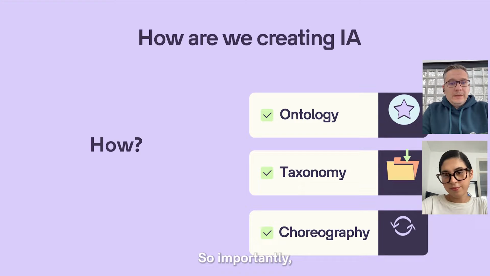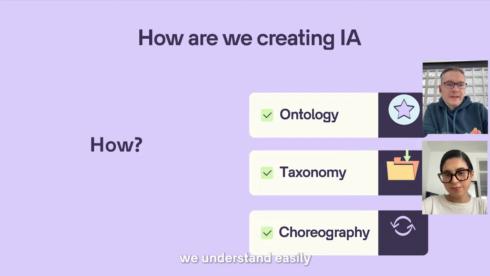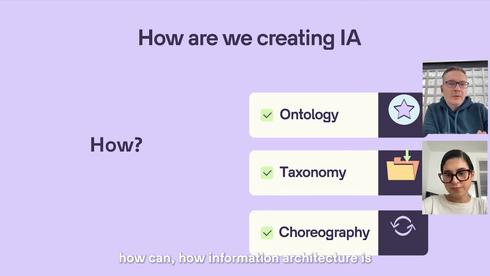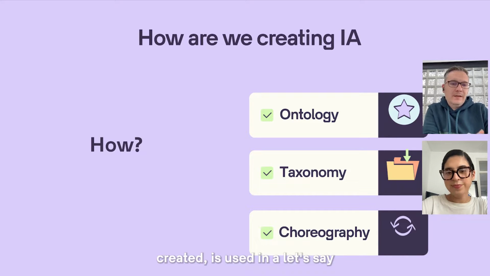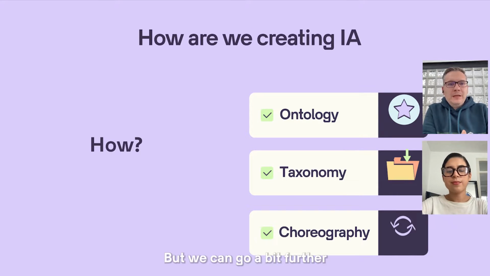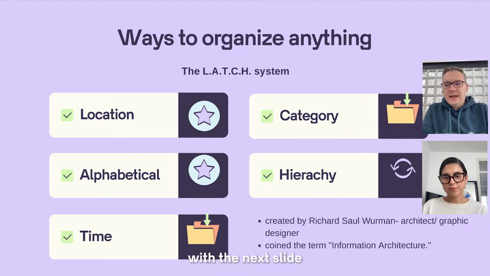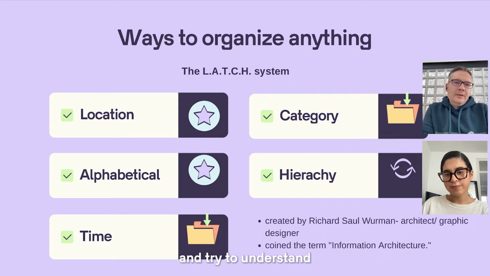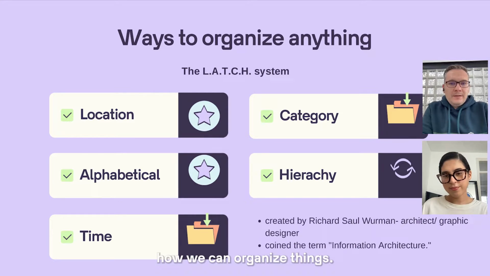So importantly, we understand easily how information architecture is created and used in a, let's say, theoretical setup. But we can go a bit further with the next slide and try to understand how we can organize things.